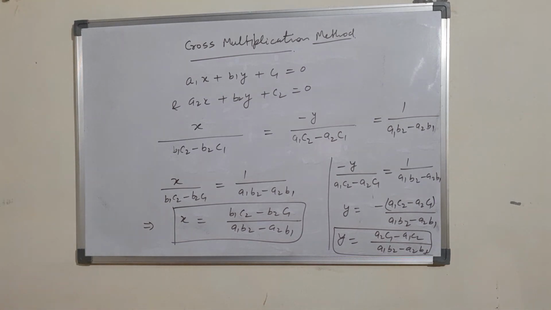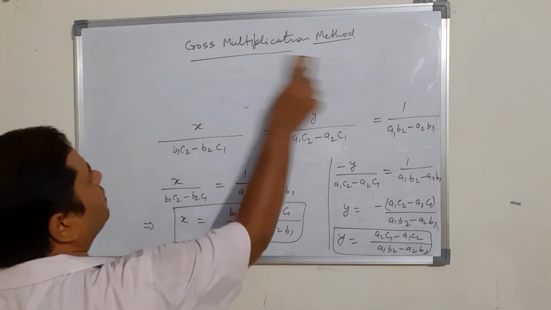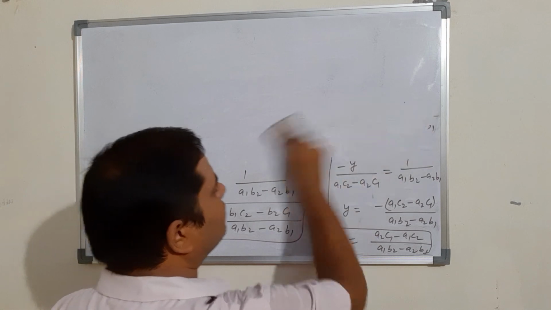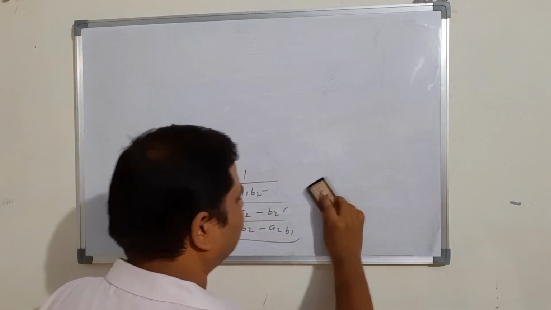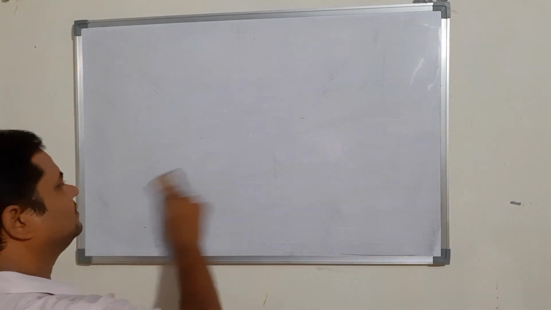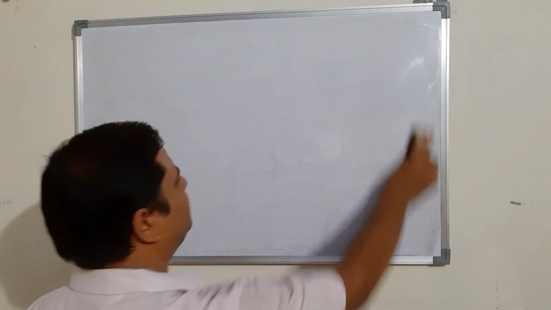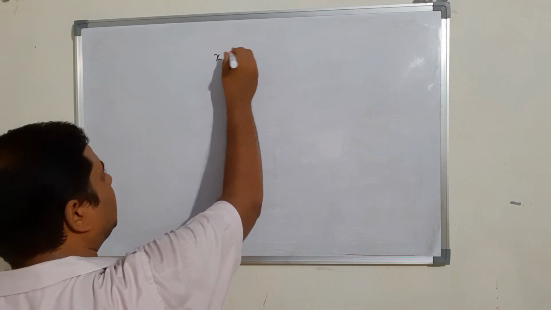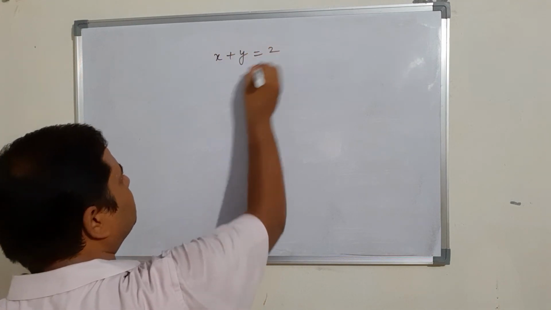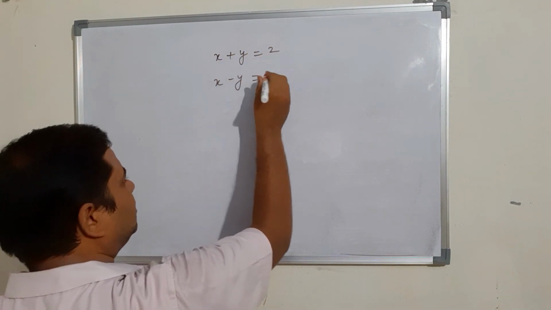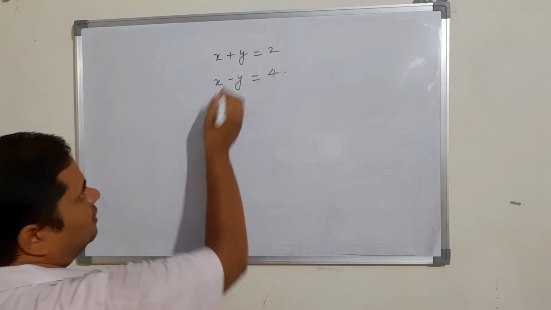Now we have to do the same question by cross multiplication. Otherwise we can take another question: x plus y is equal to 2 and x minus y is equal to 4.